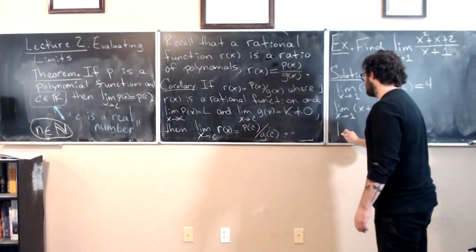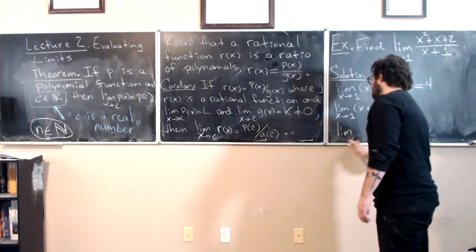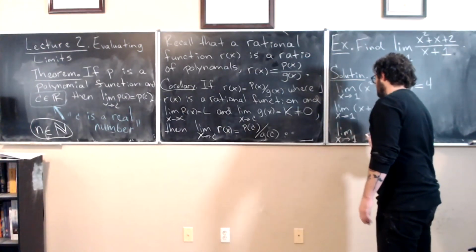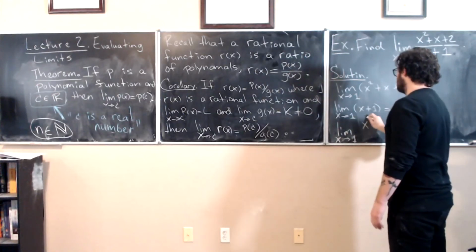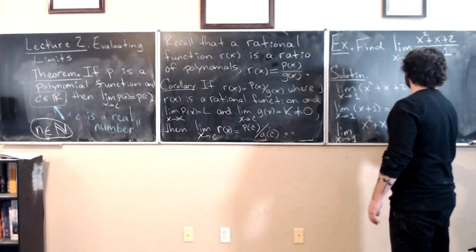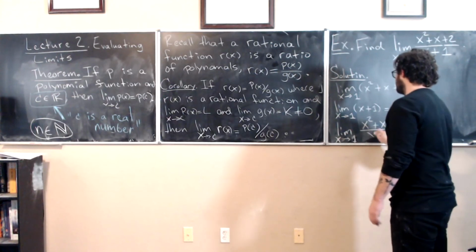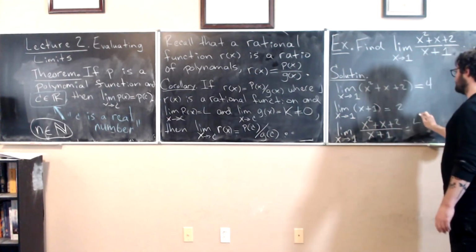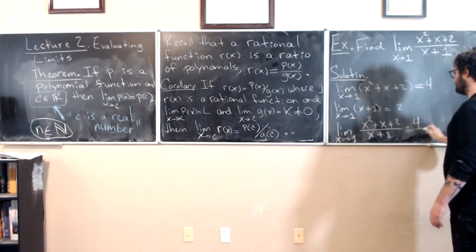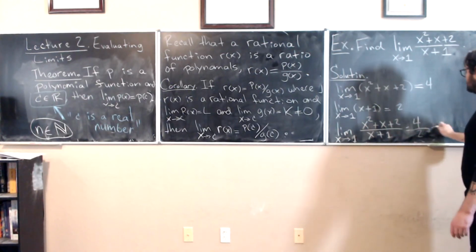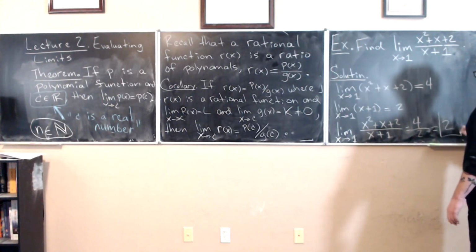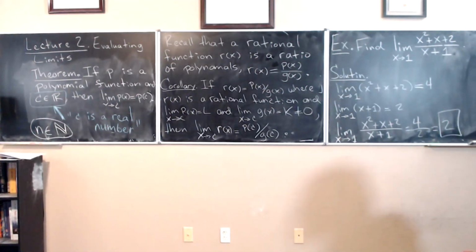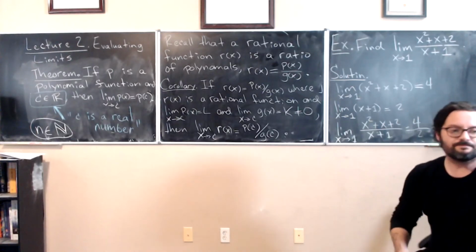So then by that theorem, the limit as x approaches 1 of the ratio is just the limit of the numerator divided by the limit of the denominator, 2. Done. Not so bad.